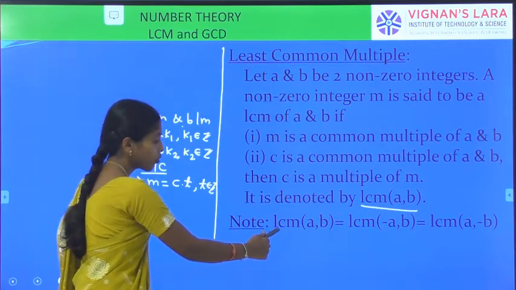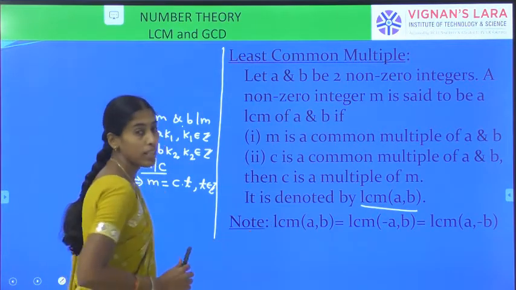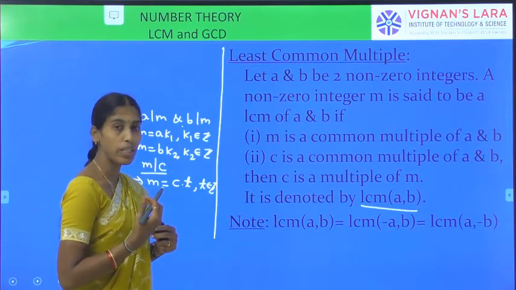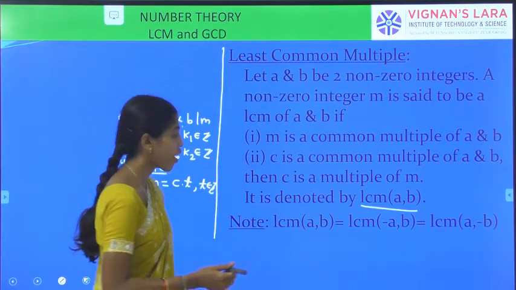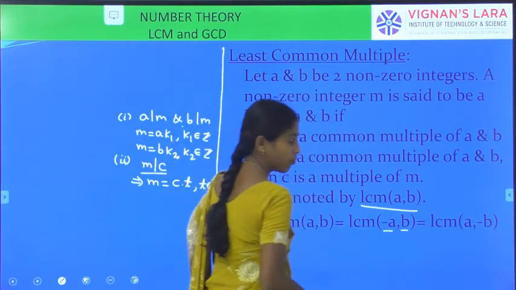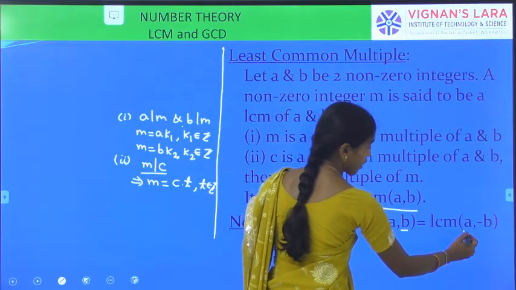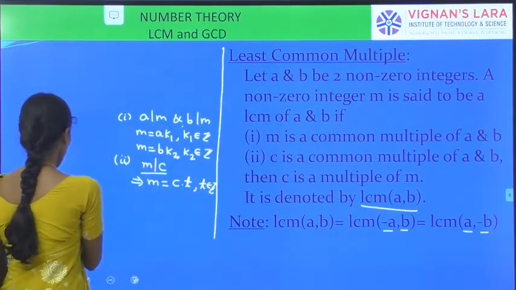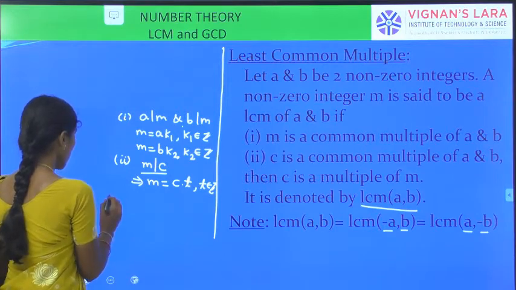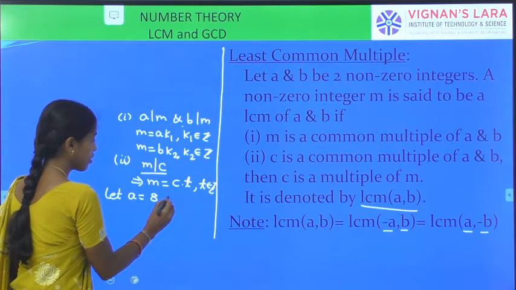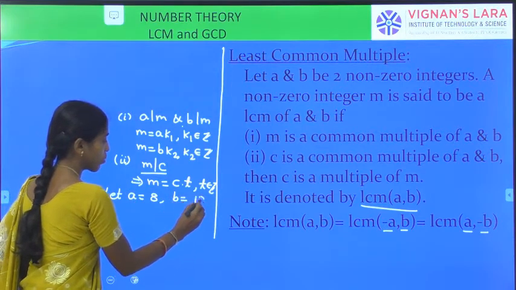So here you need to remember that the LCM of any two integers, whether both are positive or one is negative and another is positive, LCM of A comma B, LCM of minus A comma B, or LCM of A comma minus B, all are the same. If we take one example, let A is equal to 8, B is equal to 18.